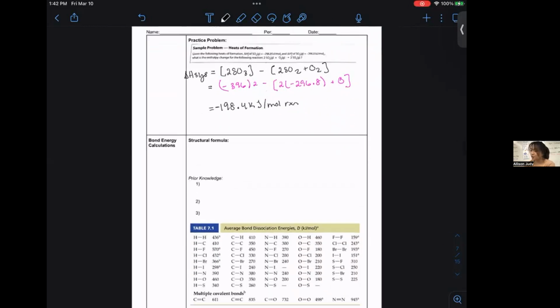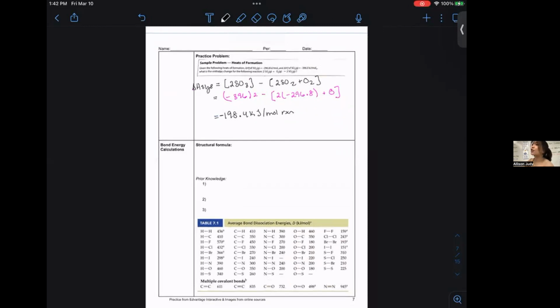Okay, so the final way to calculate enthalpy, the bond energy calculation, is an approximation method. It is the least precise out of all of these, but conceptually, it's the most precise.